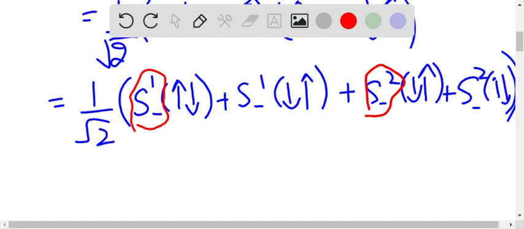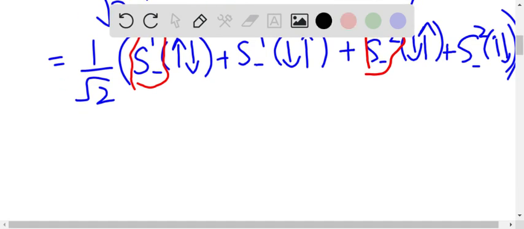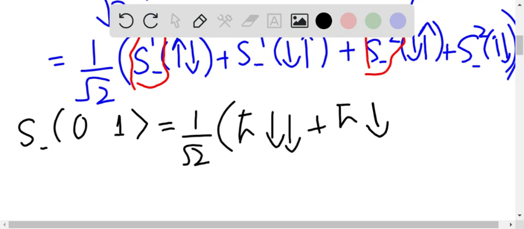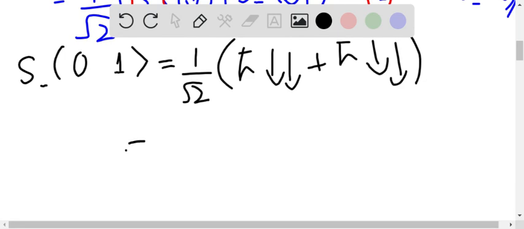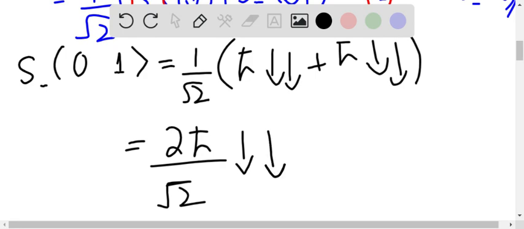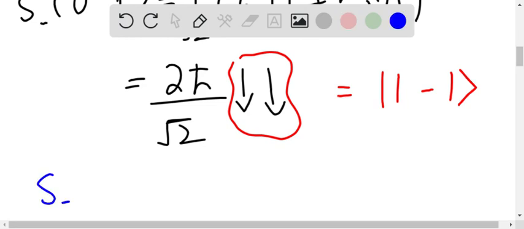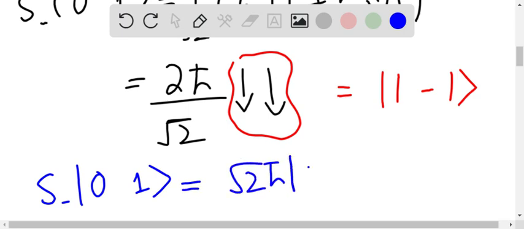So from here we conclude that S negative |1 1⟩ is equal to 1 over under root 2 times h, and when we solve it, we can write it as root 2 h |1 negative 1⟩.